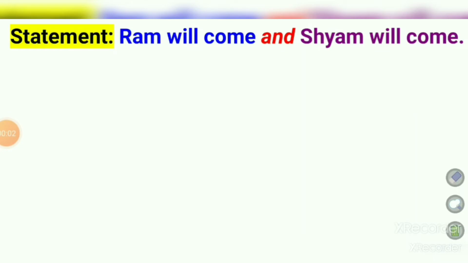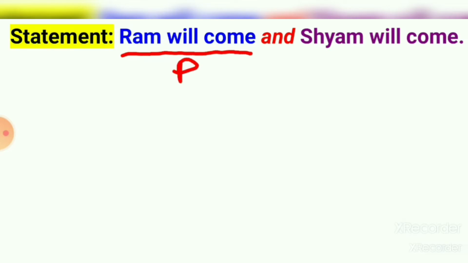I am assuming P equal to Ram will come. Let me write it down. And Q equal to Sam will come.